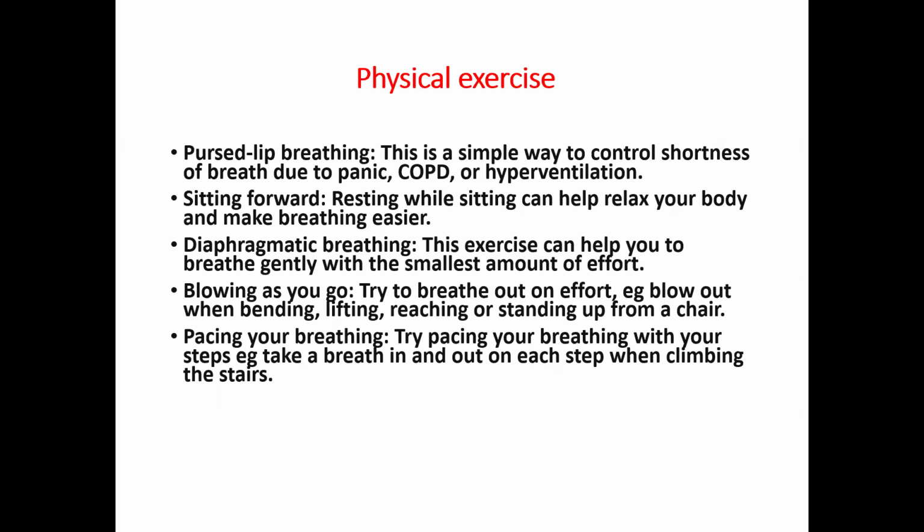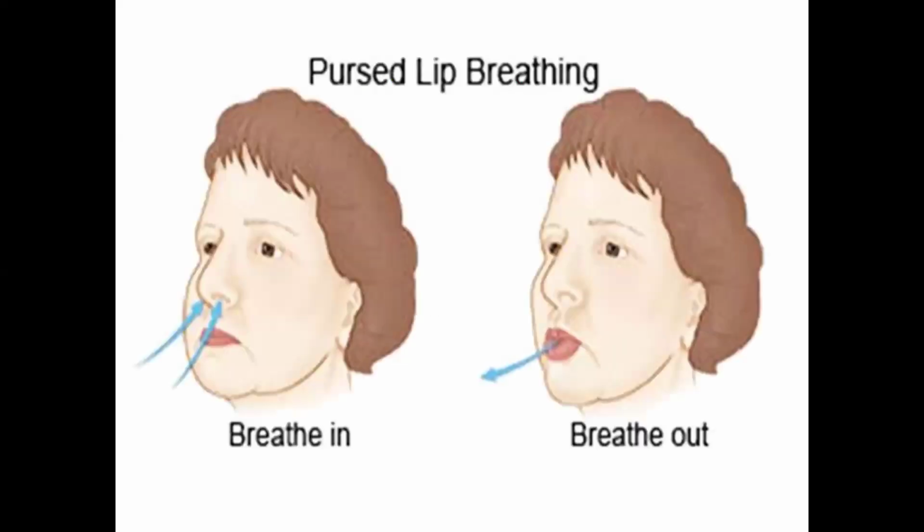Physical exercise, and one of the most important things is what we call pursed lip breathing, sitting forward, diaphragmatic breathing, blowing as you go, and pacing your breathing. These are very important instructions that you should teach your patients. This is pursed lip breathing.